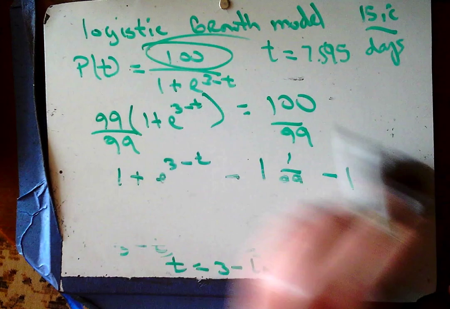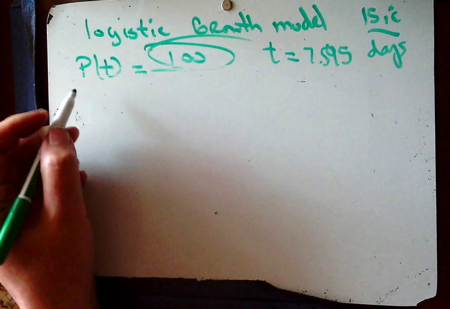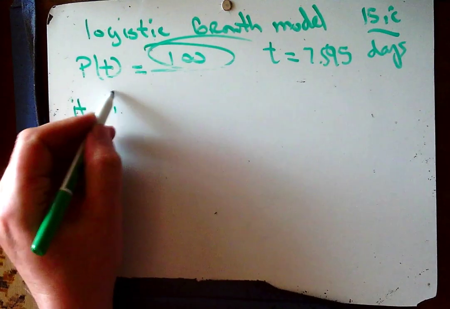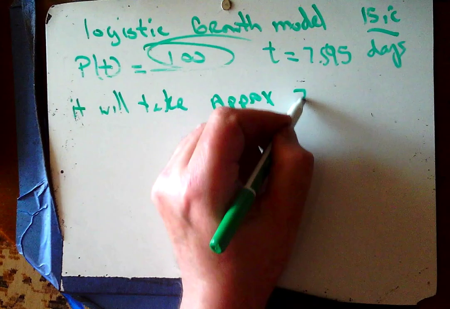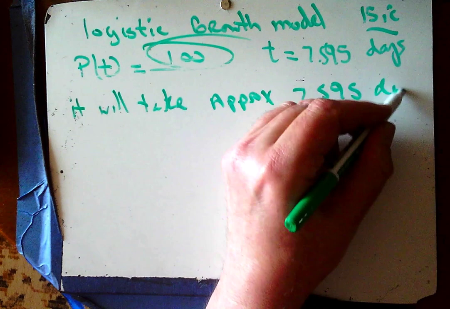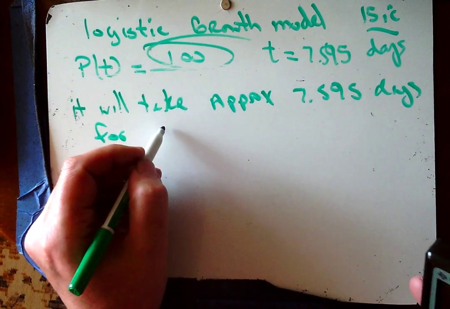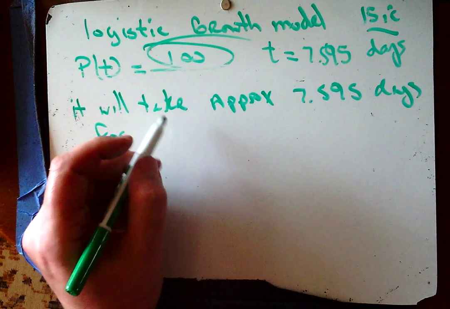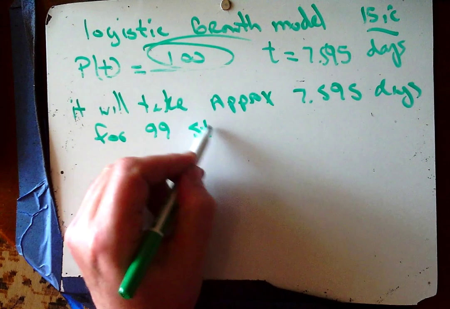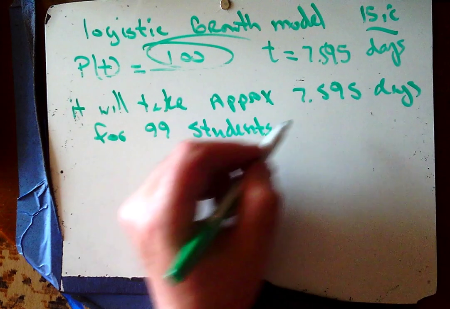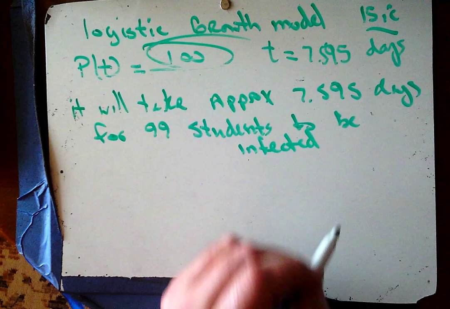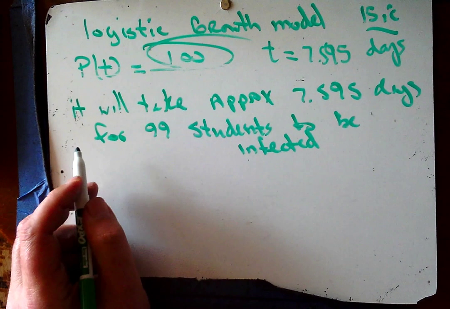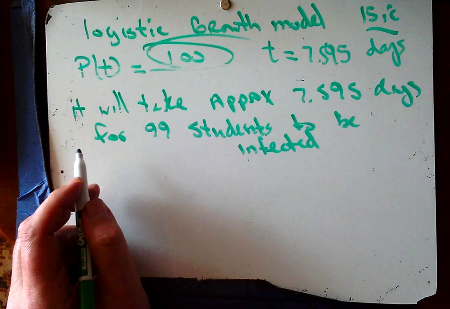There's part C. I will write my sentence and say it will take approximately 7.595 days for 99 students to be infected. Okay. Next, it says, when will the rate at which the flu spreads be a maximum?